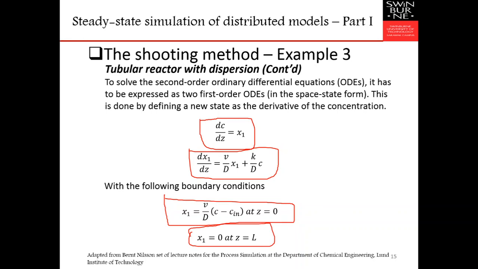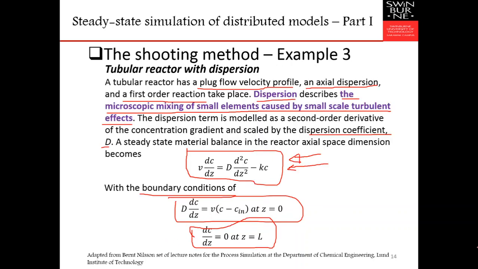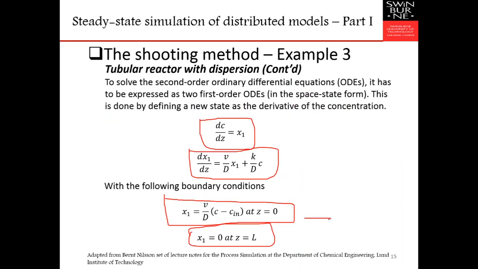So I want you to look into how to convert these boundary conditions in here into these boundary conditions, and also these boundary conditions in here into this boundary. I want you to rework these things yourself.